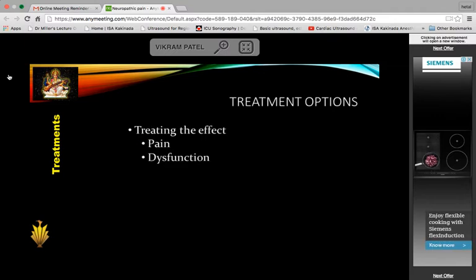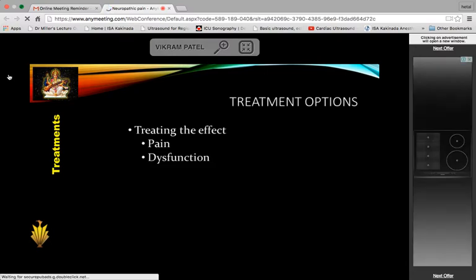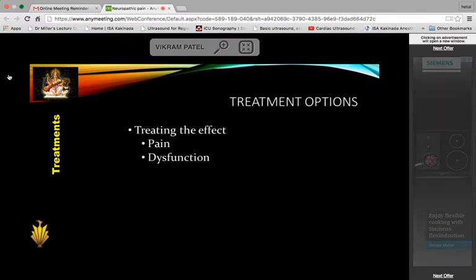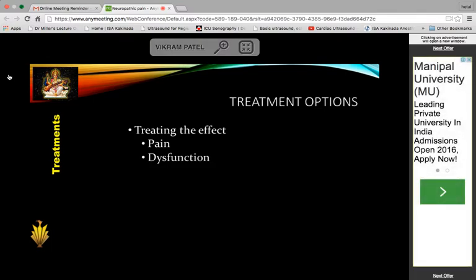Our main purpose is to treat the pain, and also the secondary concern is to treat that dysfunction, because whenever there is pain in the periphery, in the limb, the patient will have a tendency to protect the limb and not use it normally, and that could lead to more arthropathy, distal atrophy of the muscles, and loss of limb, as we see in advanced cases of CRPS, for example, or someone who has a cast after a fracture of the elbow, and they are in a cast for 6 months.